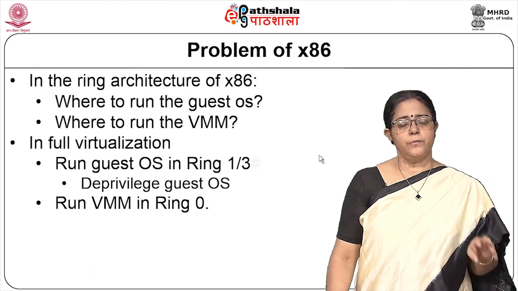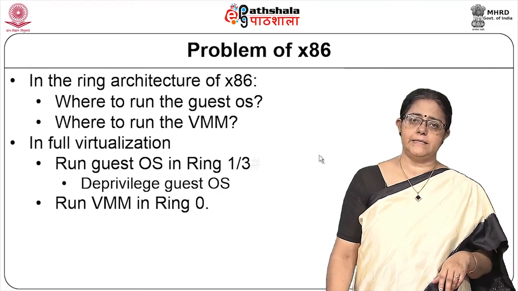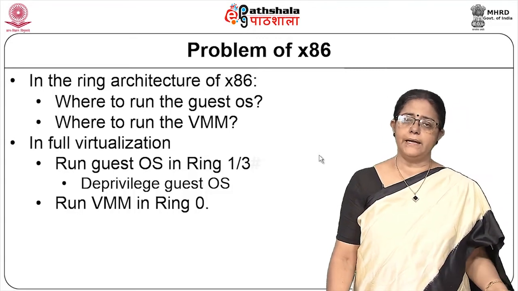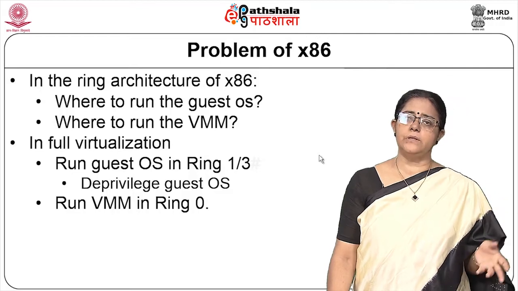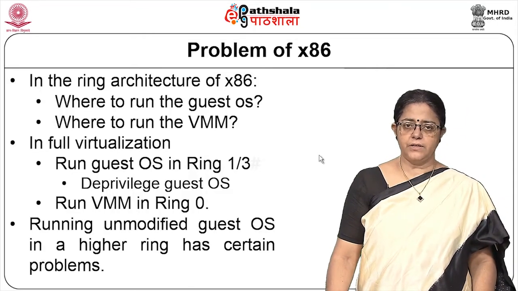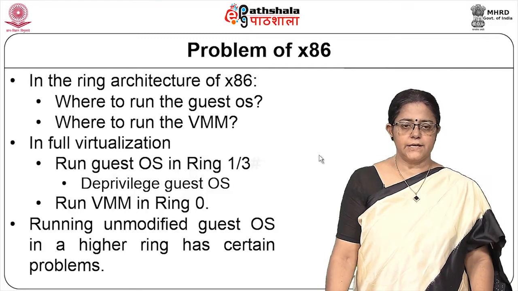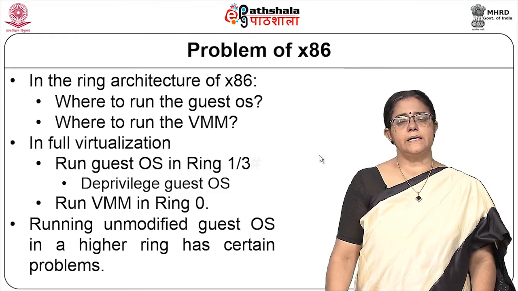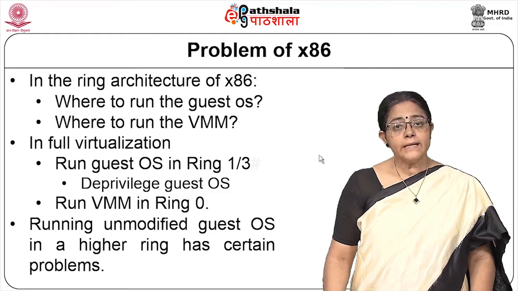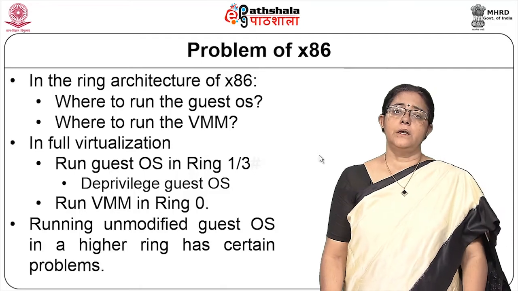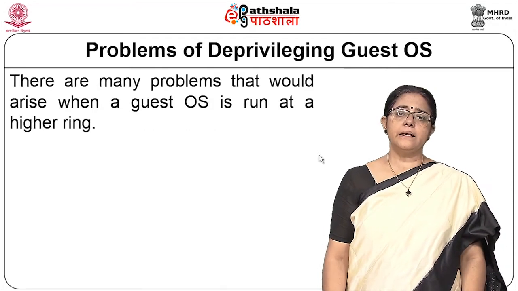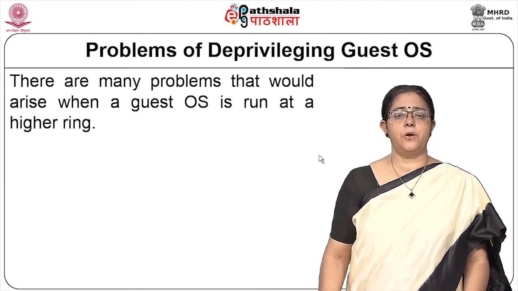So, we run the VMM in ring 0 and we run the guest OS either in ring 3, along with the application, or in ring 1, above the privilege level of ring 0. The requirement that the guest OS should run at a higher ring, without telling the guest OS that we are running it at a higher ring, creates many problems.